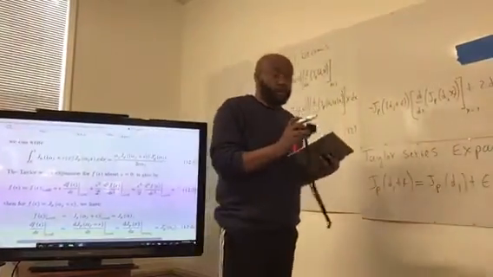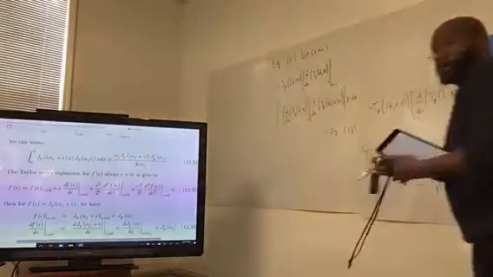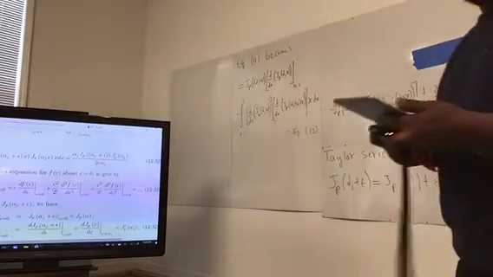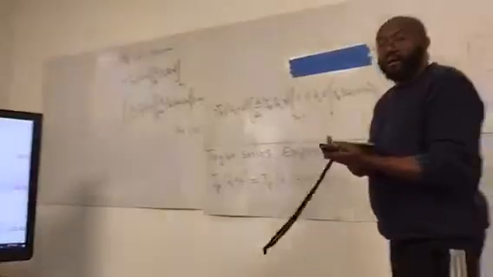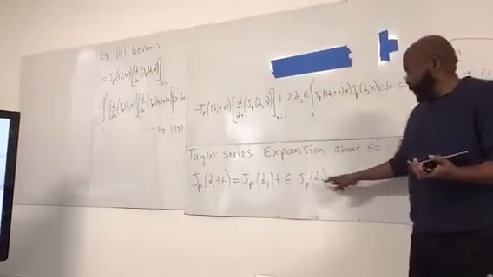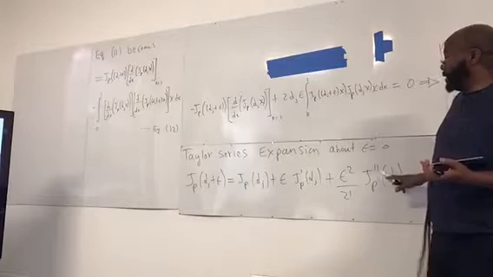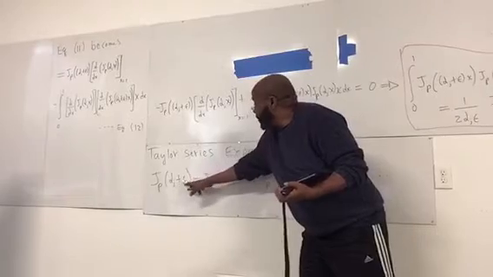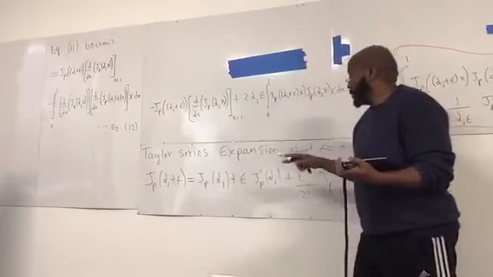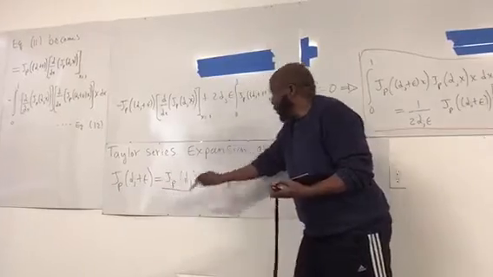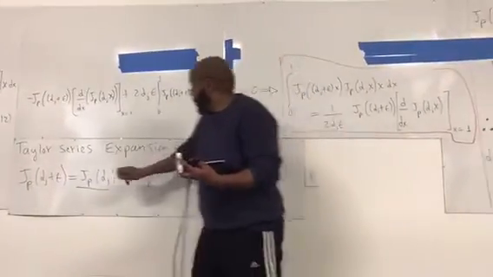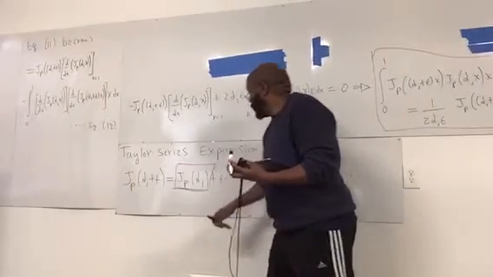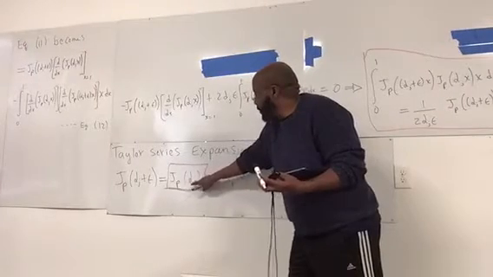So this is what you'd find: the Taylor series expansion for jp of alpha j plus epsilon at epsilon equals 0. Now, what can you say about that? This one is the Bessel function evaluated at alpha j.